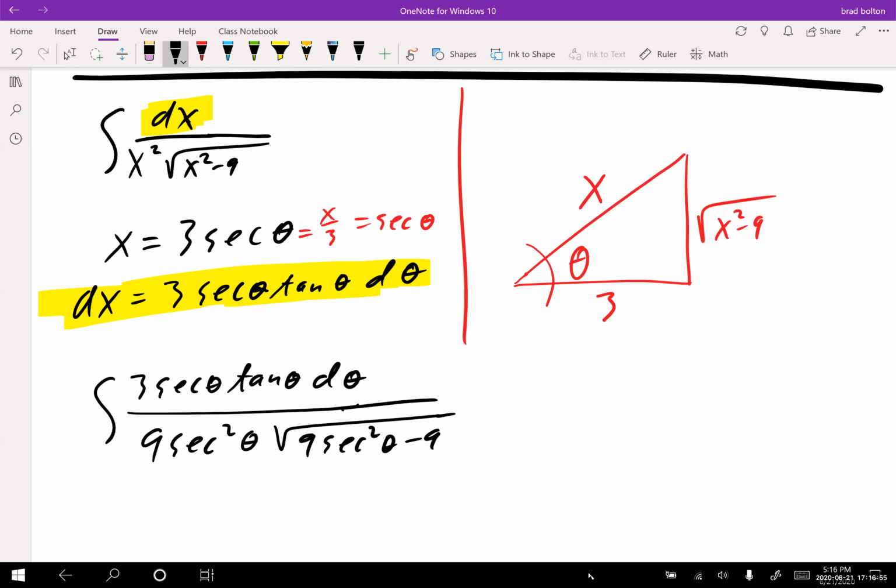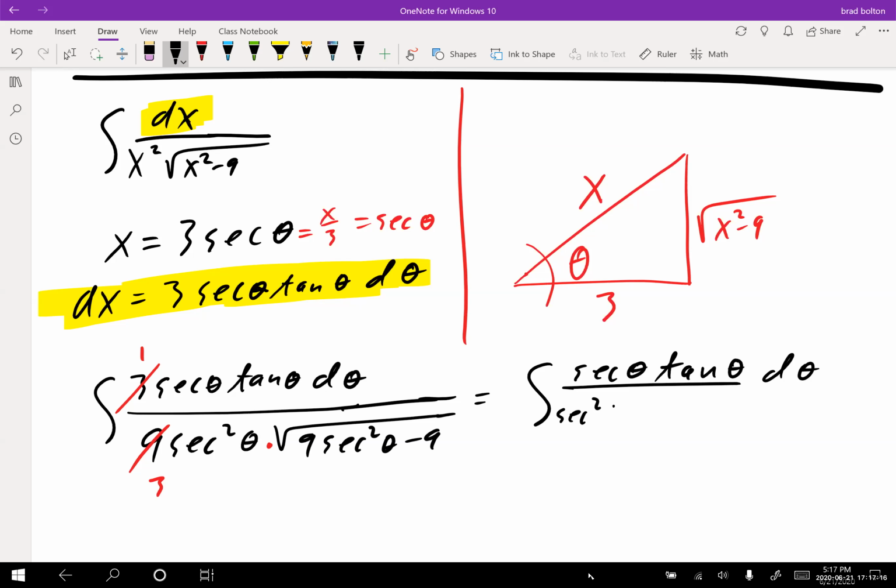minus 9. Now we got to start cleaning up. So let's see here. This guy is a 1, and this guy's a 3, because this is pure multiplication, so that's legal to do. So this will become secant theta tan theta d theta divided by secant squared theta. Oops, let me put a 1/3 out here. So I pulled this 3, you guys, and I pulled it out front, okay? Now we have the square root.